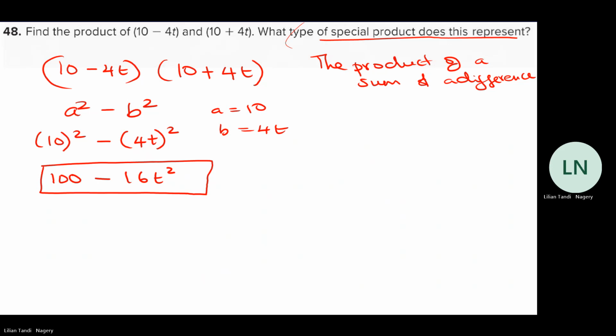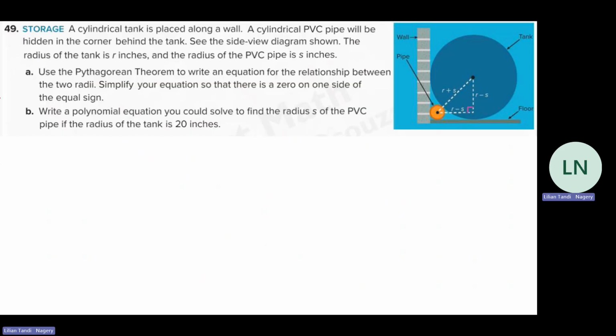Yes. Okay. A cylindrical tank is placed along the wall, and a pipe will be hidden in the corner behind the tank. See the side view diagram shown. The radius of the tank is r inches.